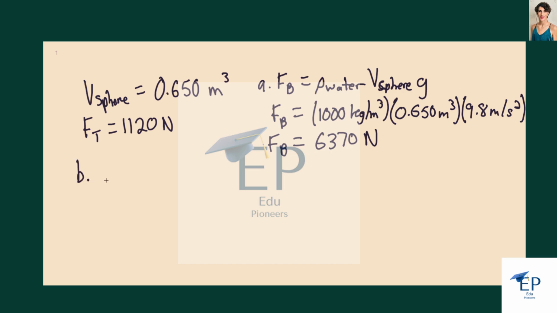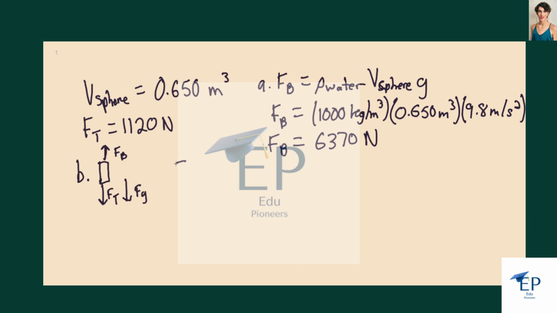At this point, they ask us, okay, what is the mass of this sphere? So essentially, when we have the sphere, we have a rope connected. So we have a sphere, and the buoyant force is pushing this up. And then, of course, we have force tension and force gravity.